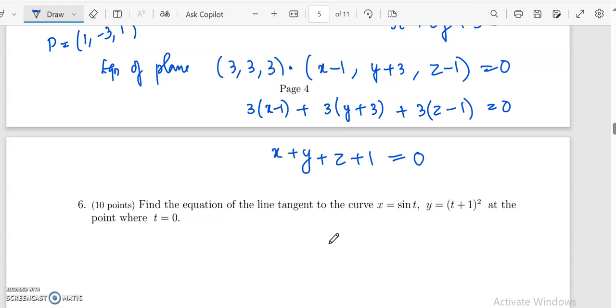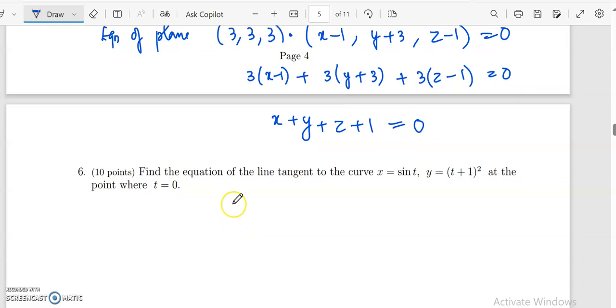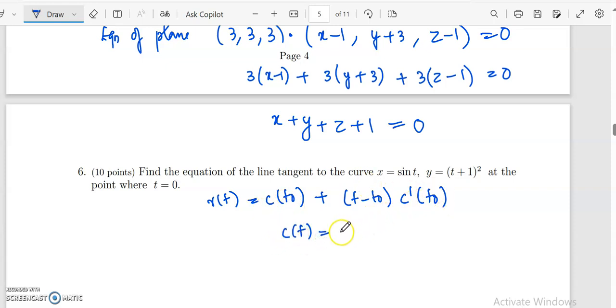Now we need to find the equation of the line tangent to the curve x equal to sine t, y equal to (t plus 1) whole square at the point t equal to 0. So the equation of the tangent line r of t is given by c of t naught plus (t minus t naught) into c dash of t naught, where c of t is the parametric representation of the curve.